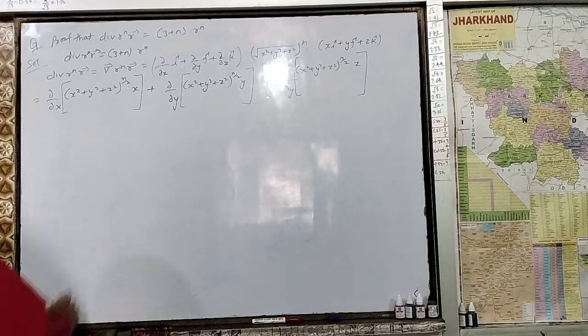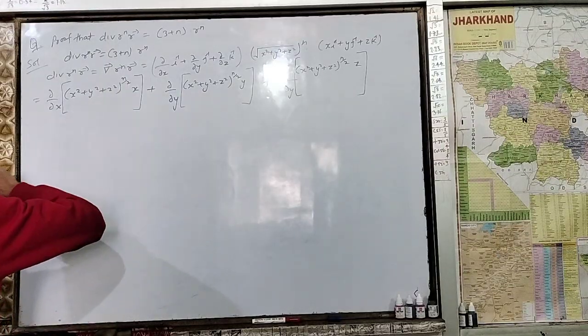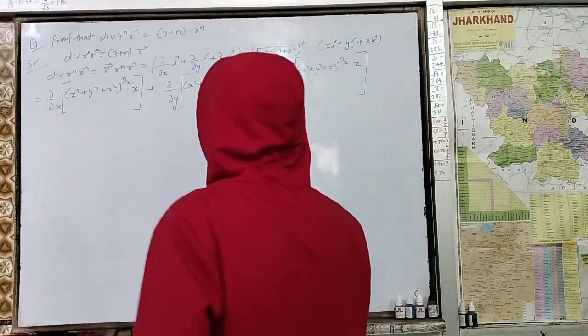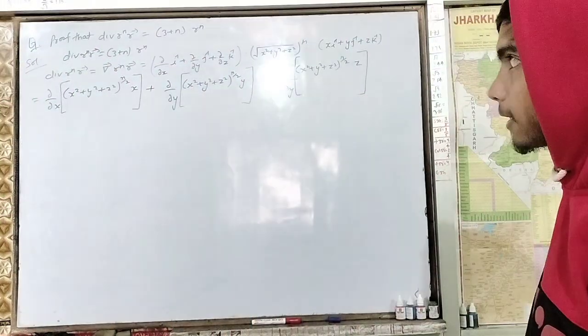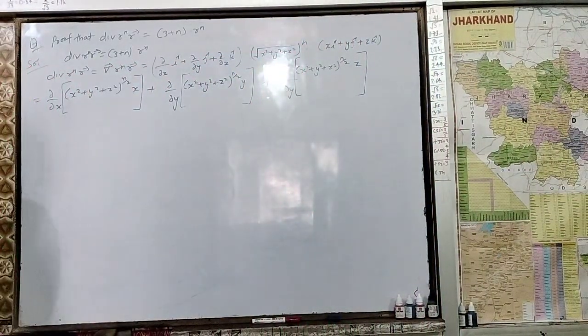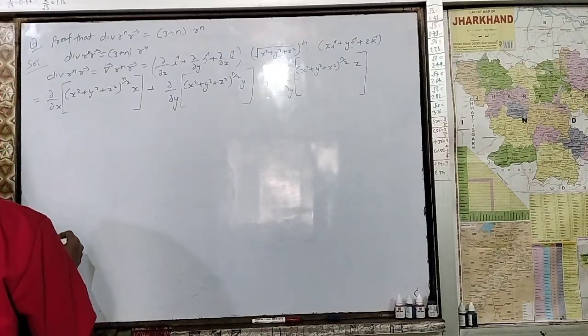So differentiation of this will become n upon 2 into x square plus y square plus z square into x. But again, differentiation of x square will become 2x. Am I correct? Yes or not? Yes.